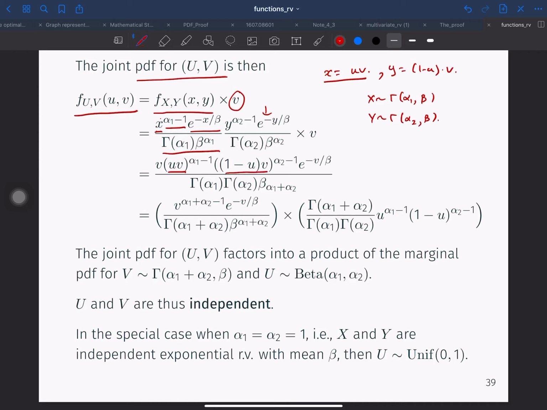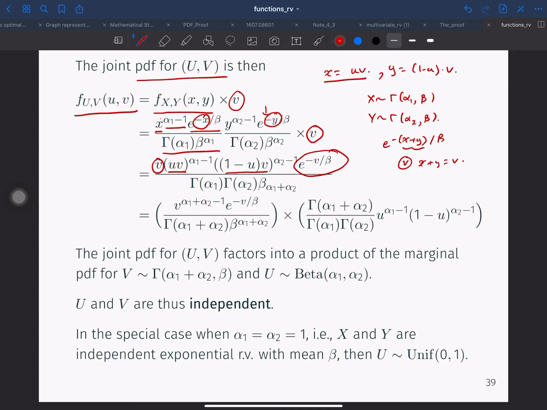Then furthermore, you will have e to the minus x over beta times e to the minus y over beta, that's e to the minus (x plus y) over beta, but x plus y is simply V. That's why you have e to the minus v over beta. And then this is the Jacobian, so you put it here.